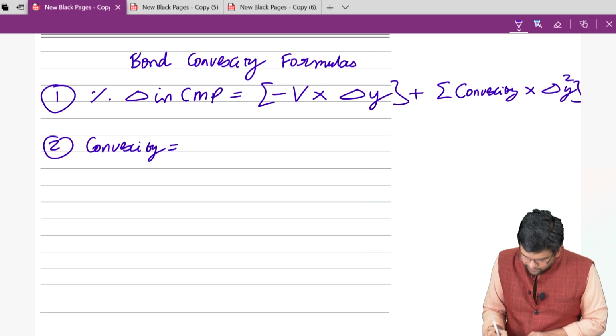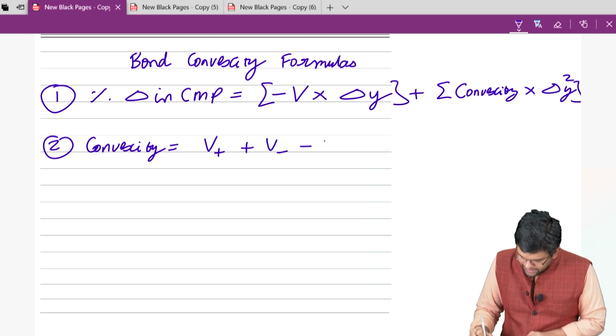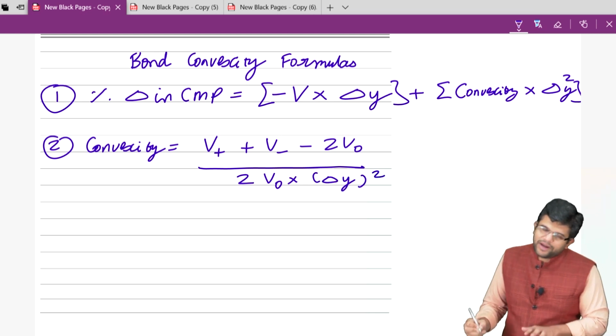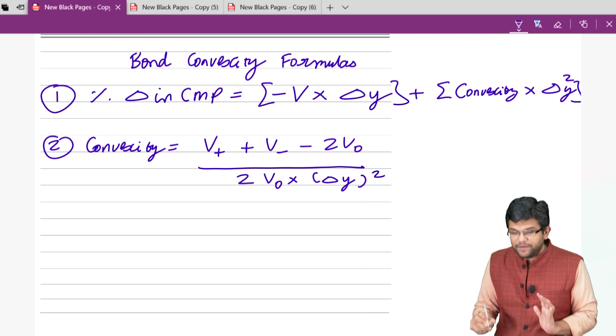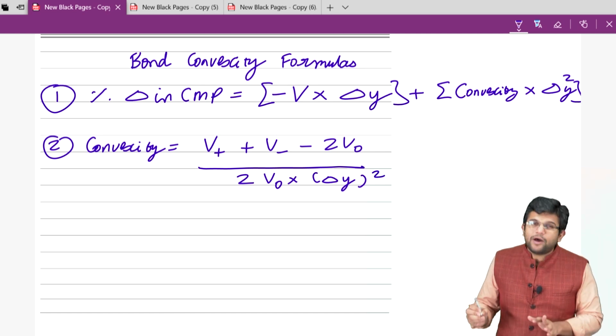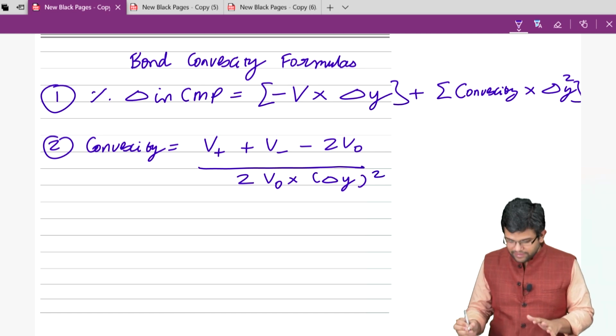The second formula, children, is obviously of convexity. Okay, so convexity is equal to V plus plus V minus minus 2V0, the whole divided by 2V0 into delta Y square. Okay, so I'll explain everything about it. Don't worry, please be attentive. Okay, there are two formulas, and now let's try to understand what this is all about.